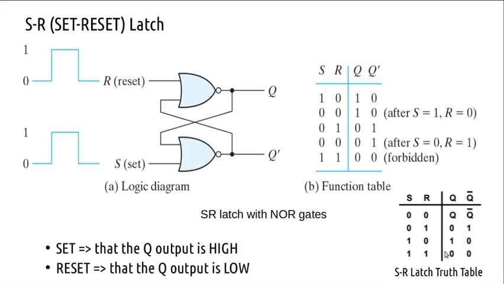And set equals 1, reset equals 0, the output is high. And set equals 0, reset equals 0, whatever state existed earlier is retained, no change. That is what is written in this function table.